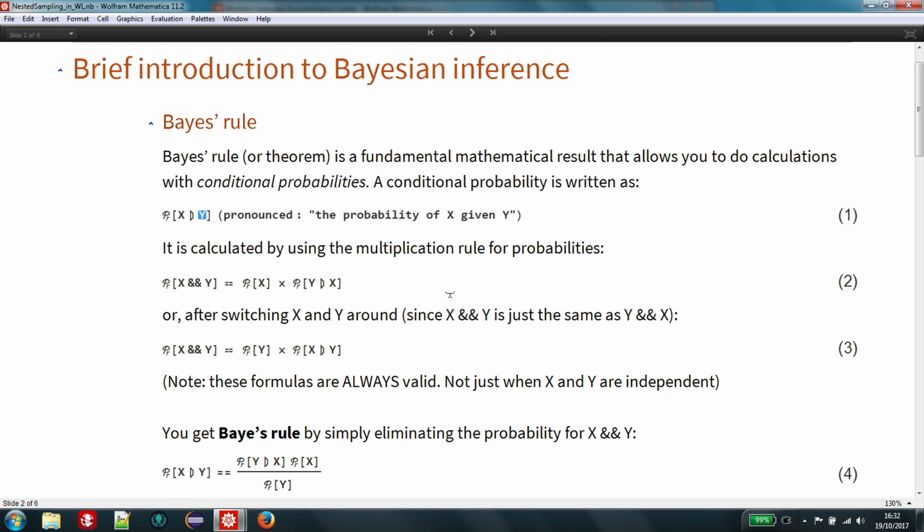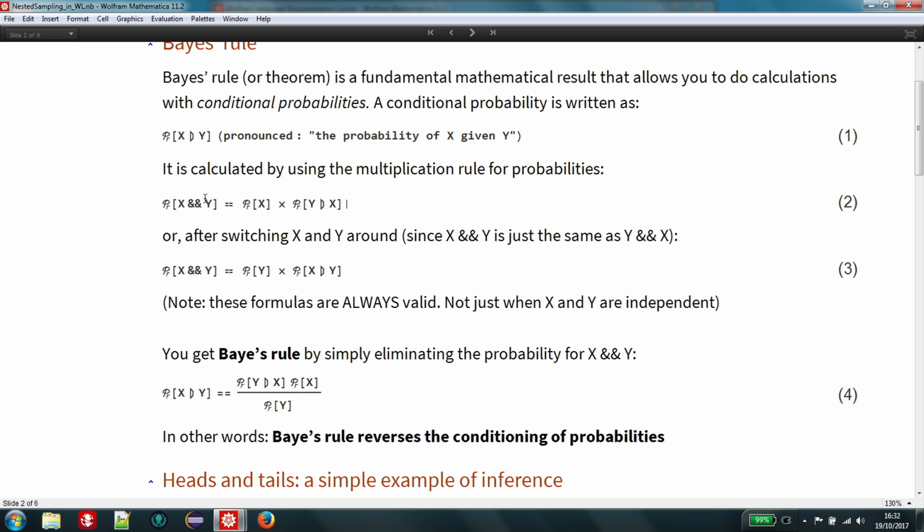We pronounce that as the probability of X given Y. The most important rule for calculating with conditional probabilities is called the multiplication rule: the probability that X and Y are true is the probability that X is true, and then because X is true, you multiply it by the probability that Y is true given that X is true. This rule is always valid.